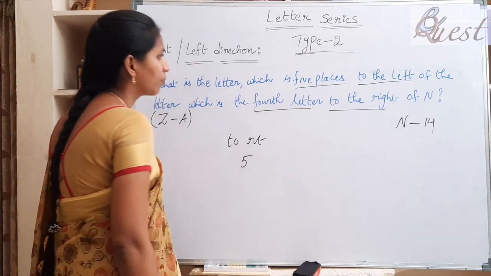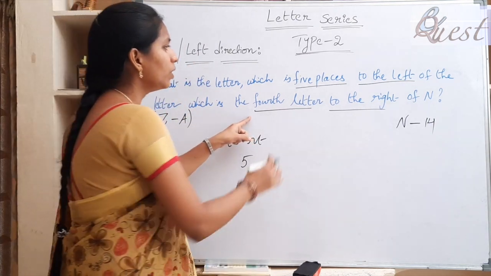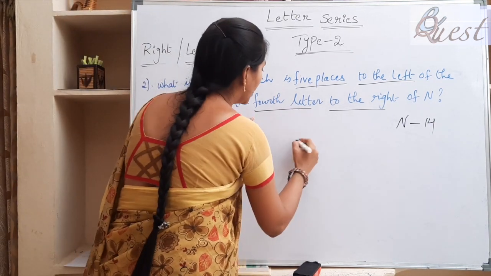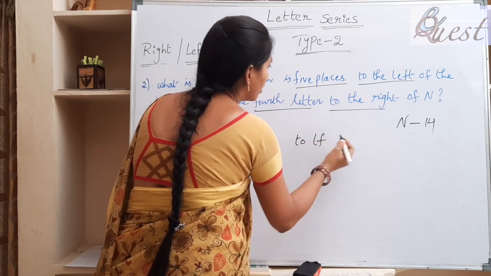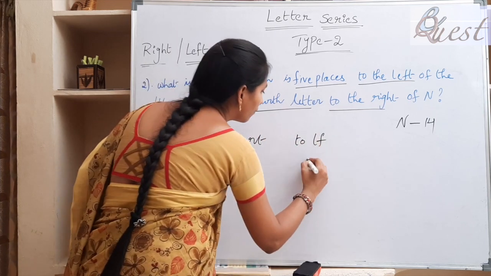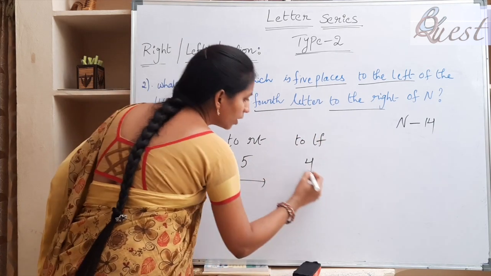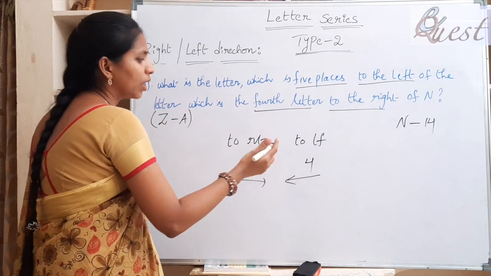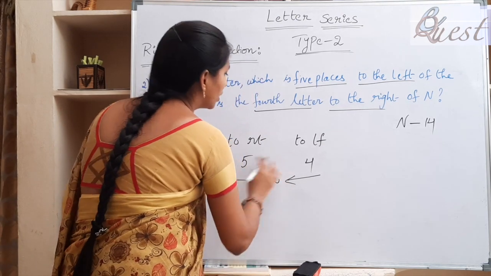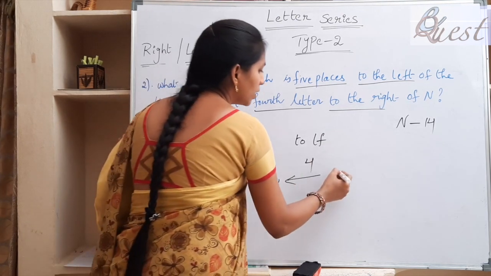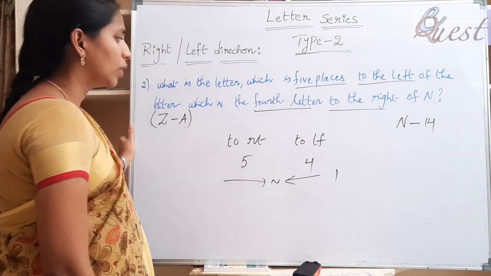5 places. Next. Fourth letter to right. To right means take left side. To left 4. To right means in this direction. To left means in this direction. Both are opposite. So take the difference. Difference is 1.